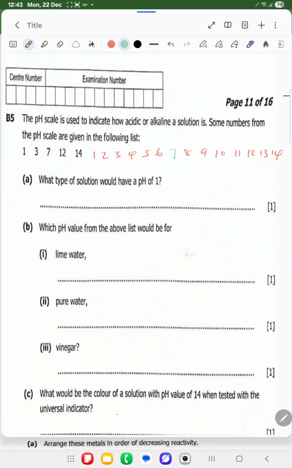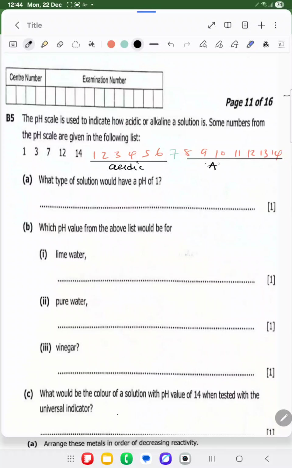The number in the middle represents a solution which is neither acidic nor basic. So if a solution lies on 7, that solution is neither acidic nor basic. Also, the numbers on your left-hand side represent how acidic a solution is, while the numbers on your right-hand side represent how basic the solution is.